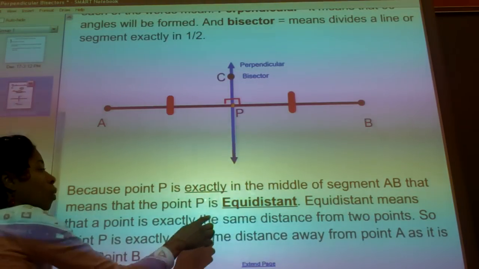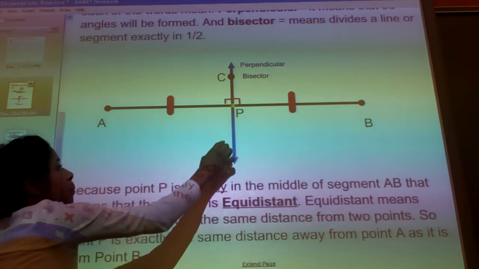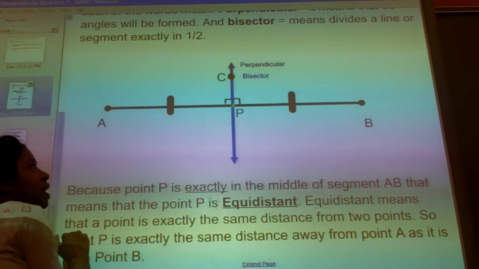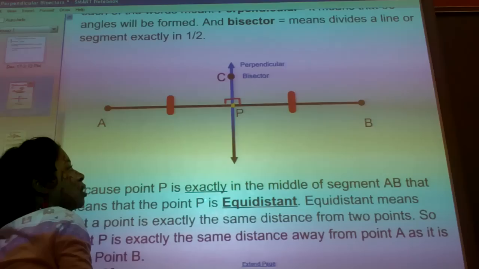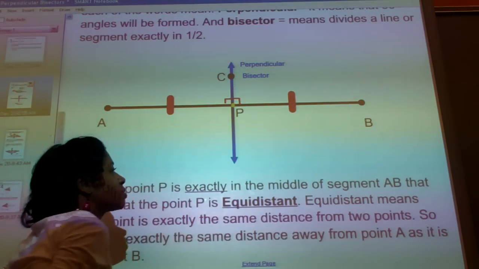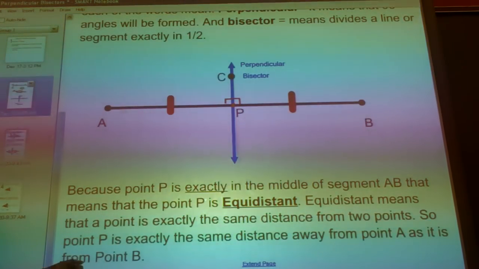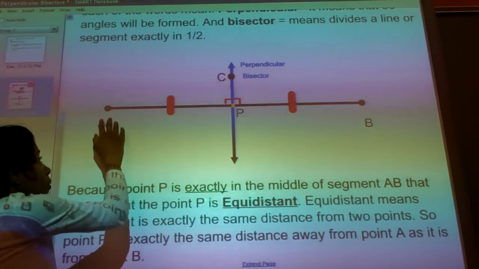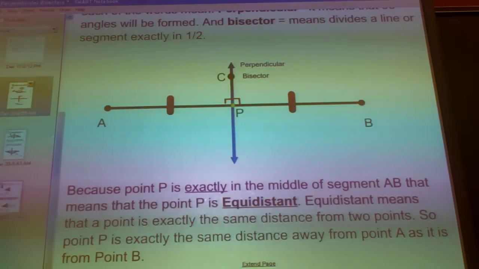Think of the word equal. What does equal mean? Equal distance. So point P is equidistant, meaning that the distance from P to A is exactly the same length as the distance from P to B. So, again, point P is exactly the same distance away from point A as it is from point B.